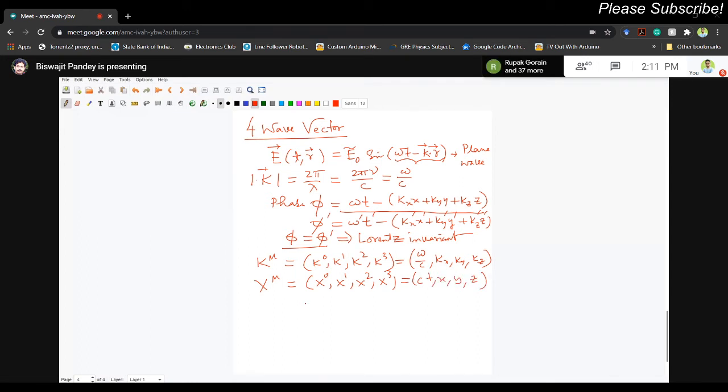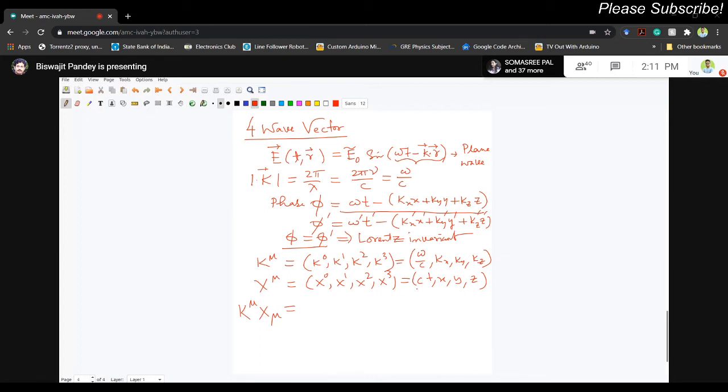Now if I ask you to calculate the scalar product between these two vectors, I also told you that the scalar product of any 4-vectors will be Lorentz invariant, not only the product with itself, kμ xμ. So what is kμ xμ? You see, ω by c into ct.